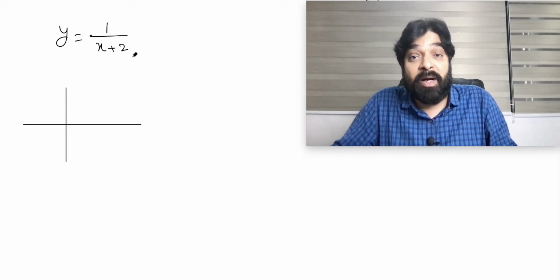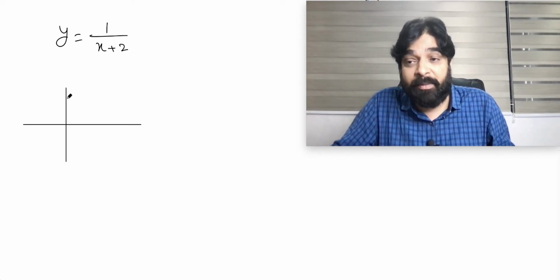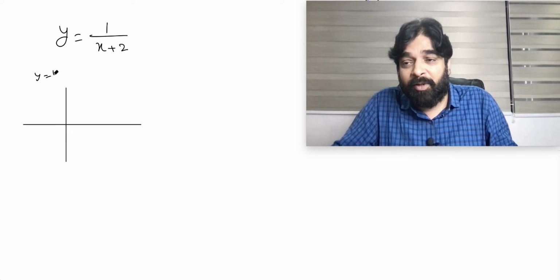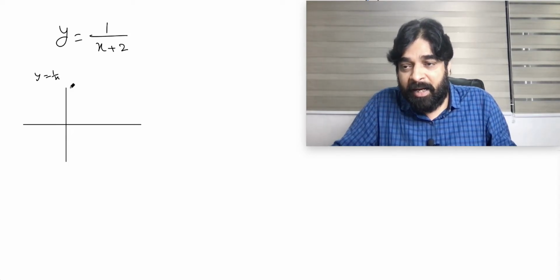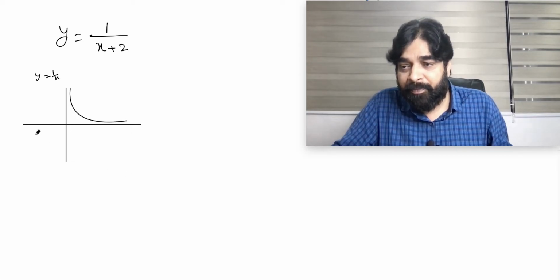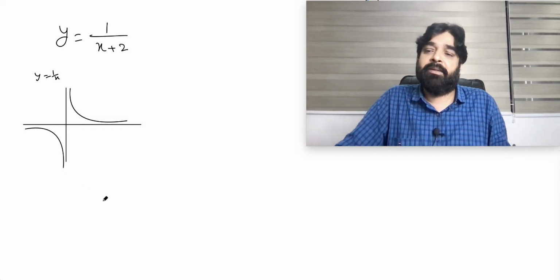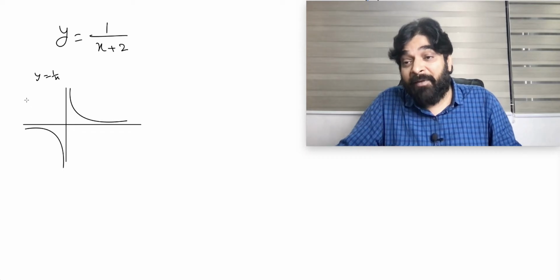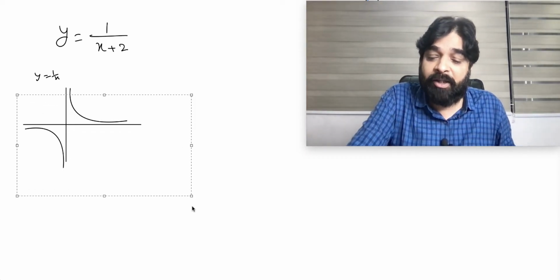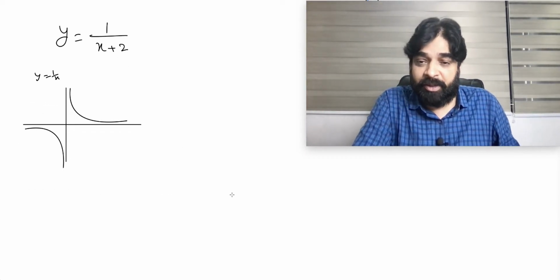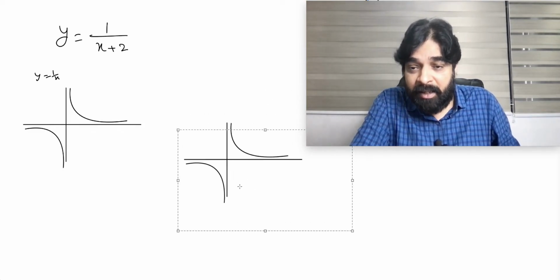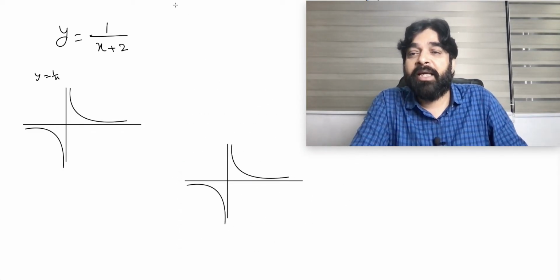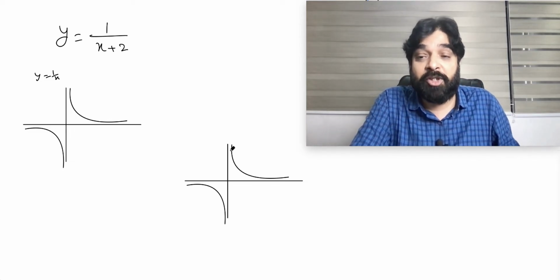With the x, whatever constant is there, so plus 2 is there, I remove it. So the basic graph is y equal to 1 by x, and this graph will look something like this. Yes or no? Now I have to shift this graph by what unit? By 2 units. In which direction? Negative direction, because the value is plus 2. So we have to displace it to the left side.